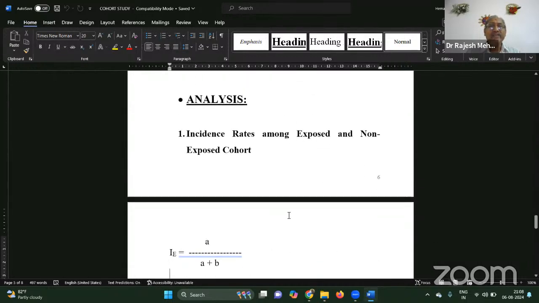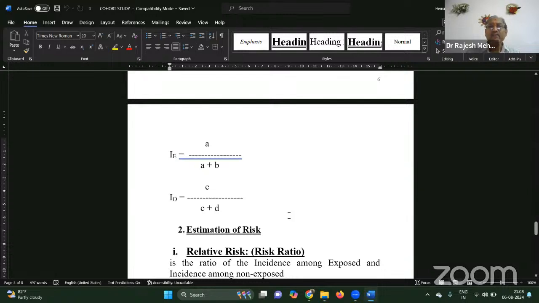And then in analysis, this is most important, because here we have the number of the population beforehand. A plus B, out of that A, and C plus D, out of that C. Both exposed and not exposed we have. So out of the population who were exposed, how many suffered?